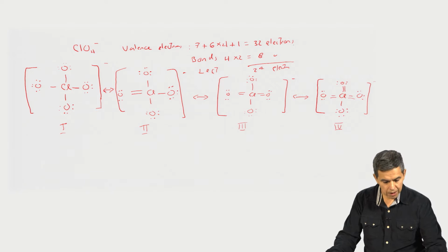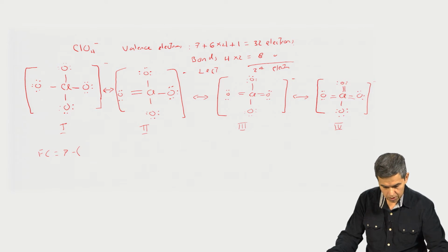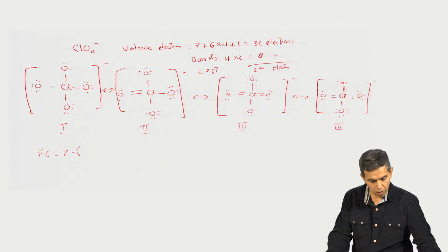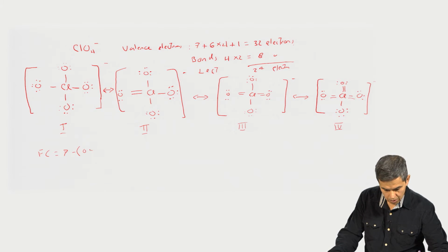So let's begin by calculating the formal charge of chlorine for the first structure, which should be 7 minus the number of lone electrons, which is 0, minus 4 shared electrons, which is plus 3.